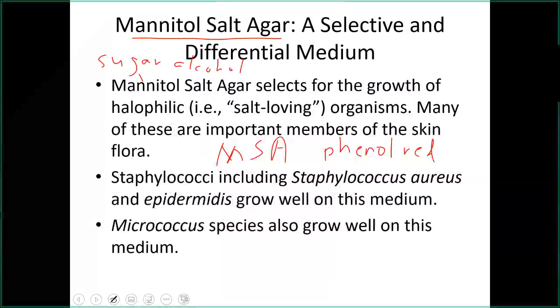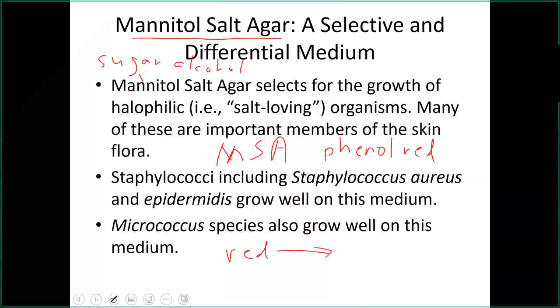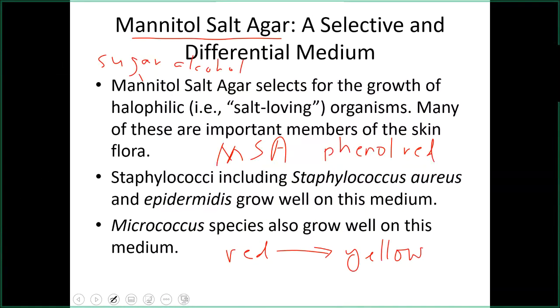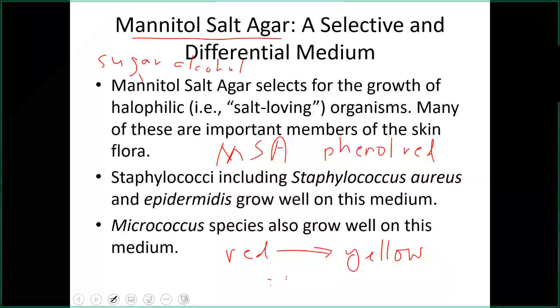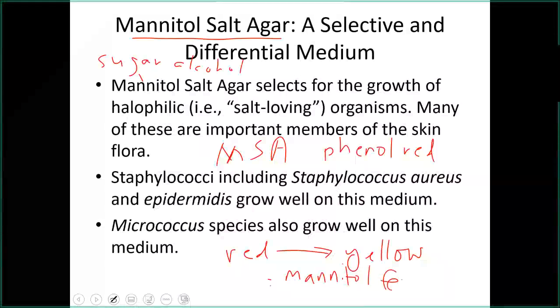Well, it's fermentation of mannitol. So if you see the red changing to yellow as organisms grow on this stuff, it indicates that there was mannitol fermentation. So that could be helpful too.